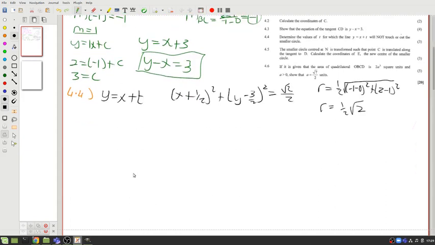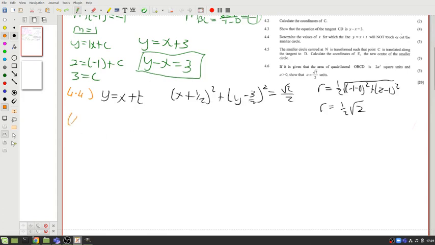Now we want to find out where these are not equal. So let's put them equal and find where they have no roots. I think that's the best way to do this. So we can keep the information in black, and then I'll write in orange our actual calculation. So we're going to substitute y equals x plus t into that equation.